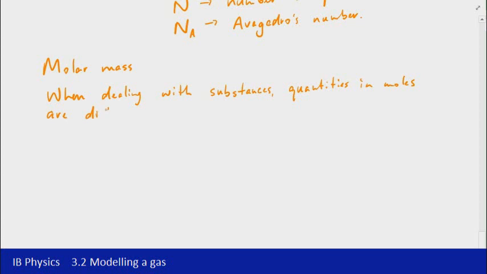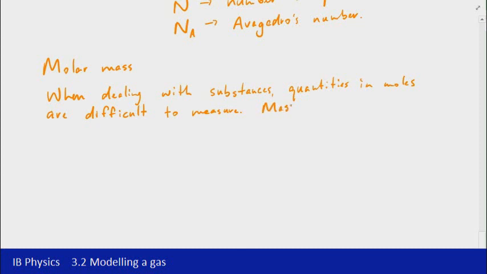We can't really just go and count how many particles of gas there are in a container. We can't see them easily, for one thing, and the quantity that you would have to count is a bit ridiculous. With 10 to the 23 particles, there's no way that you'd be able to count that.